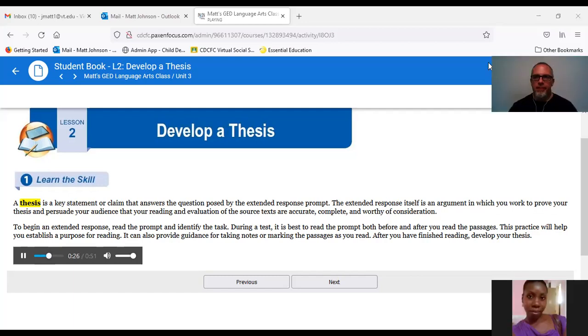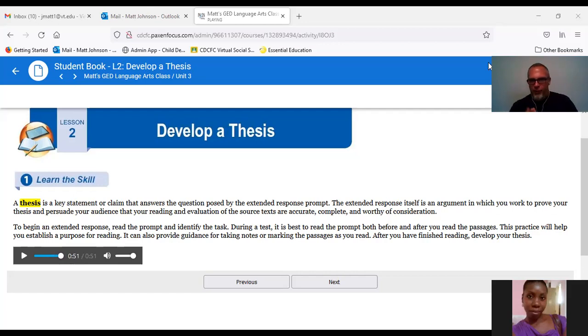To begin an extended response, read the prompt and identify the task. During a test, it is best to read the prompt both before and after you read the passages. This practice will help you establish a purpose for reading. It can also provide guidance for taking notes or marking the passages as you read. After you have finished reading, develop your thesis.